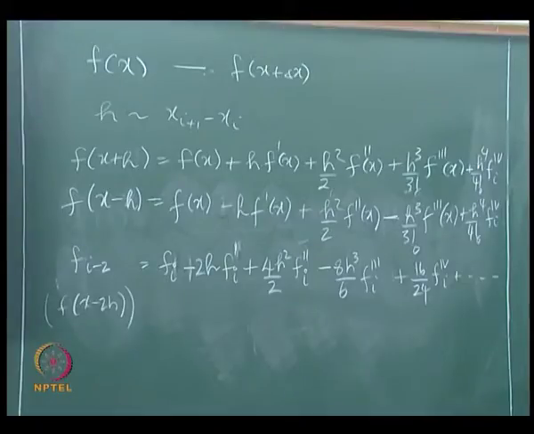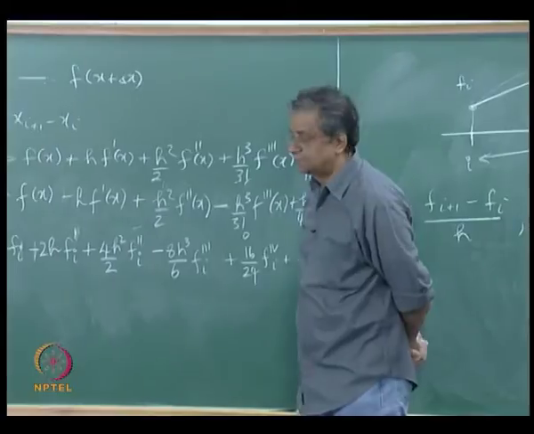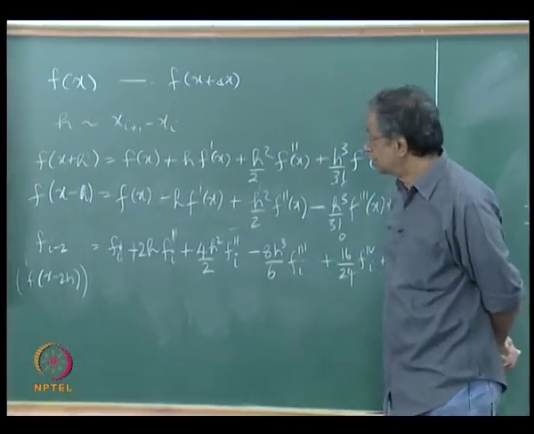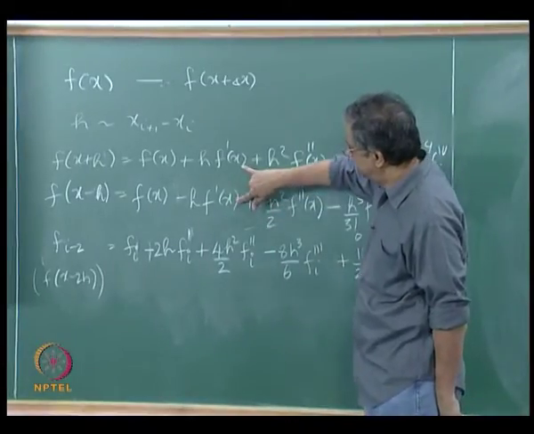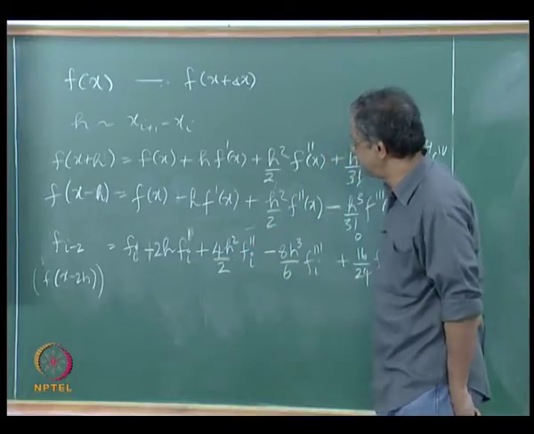It should be possible now for us to, what shall we do? How can we go about this? Our objective is to make sure that we retain the first derivative term, the f prime term.